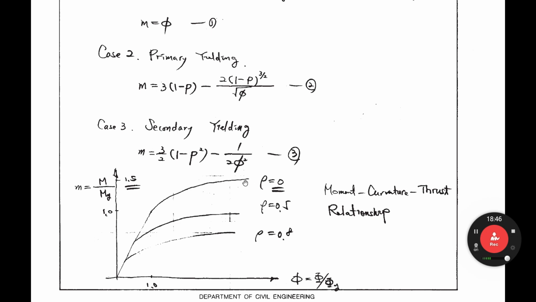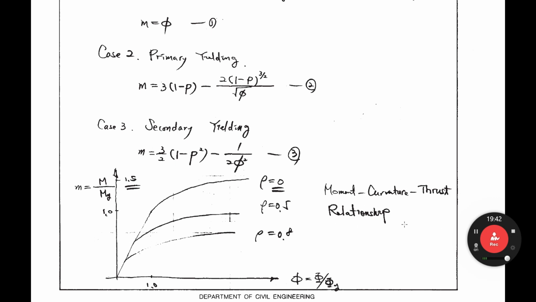This one is your P equals 0 case. If P equals 0.5, then the curve looks like this. If P increases, the moment capacity decreases as P increases. So a curve like this. This one is called the moment curvature thrust relationship. Of course, it is in normalized form.